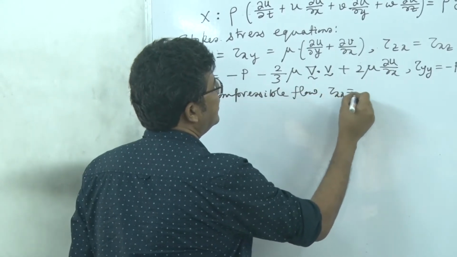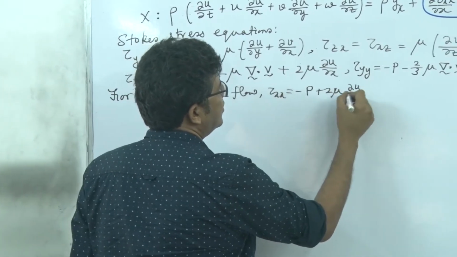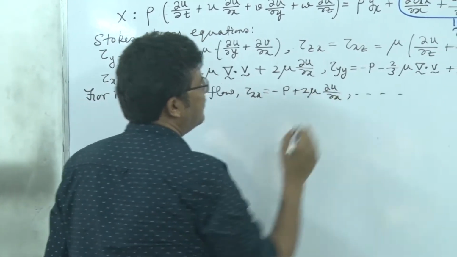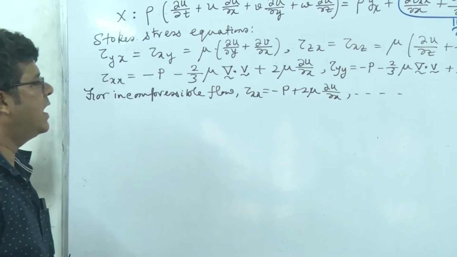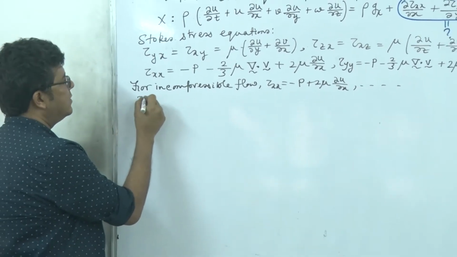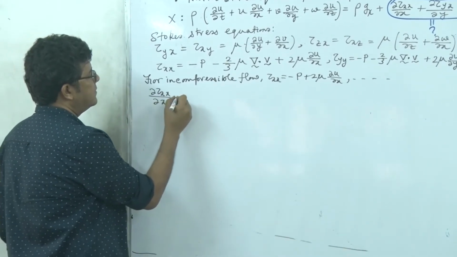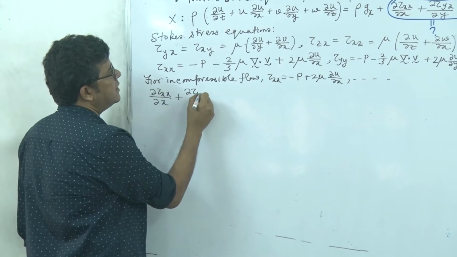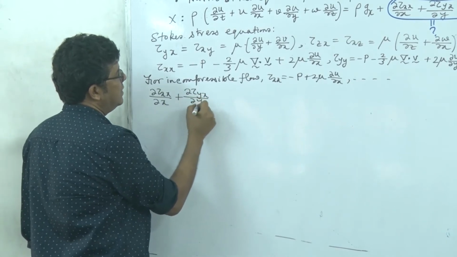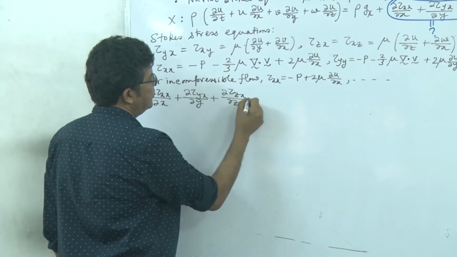tau xx is equal to minus p plus 2 mu del u del x, and similarly for tau yy and tau zz. Now let's first simplify the del tau xx del x plus del tau yx del y plus del tau zx del z term.